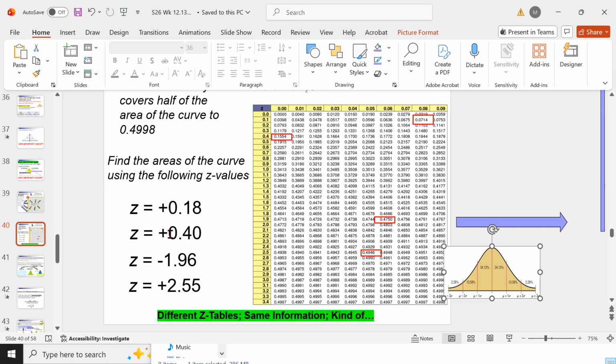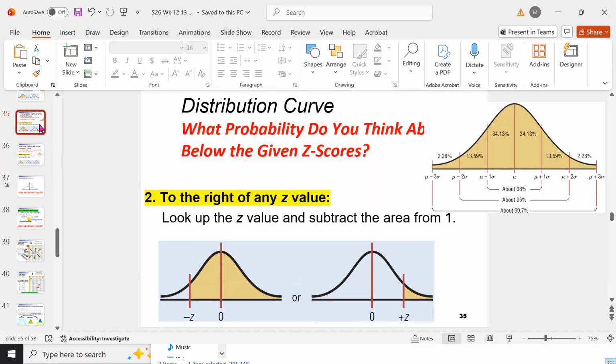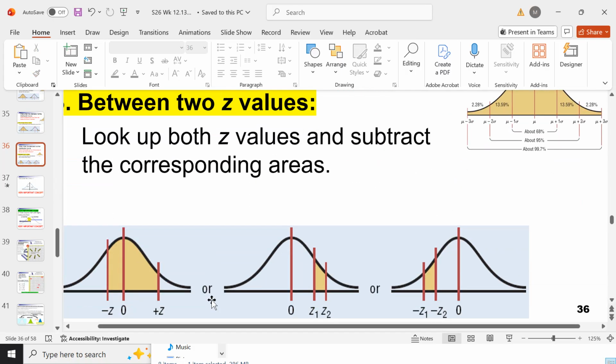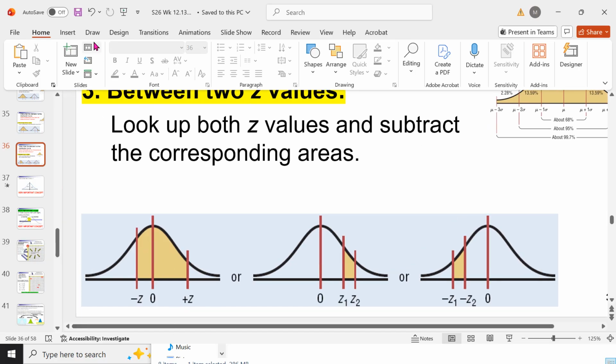Have a look at the assignment. I asked a couple of questions on there exactly like what we were just doing, finding the area under the curve. For these ones here, how would you calculate the area under the curve using the Z's? You've got 2 Z's in this case.